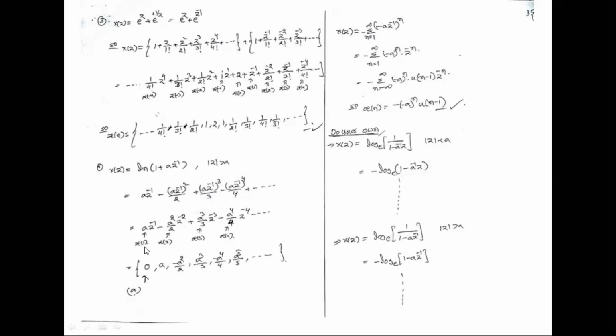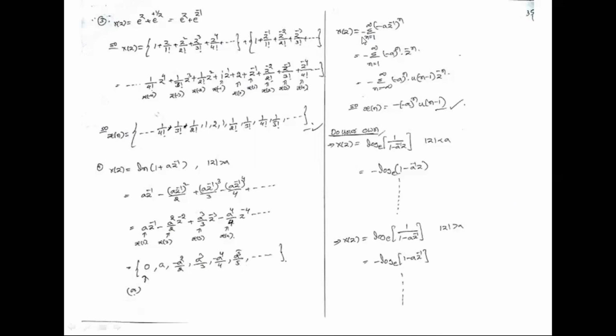So the coefficients are x1, x2, and x of 2 is minus a square by 2, a cube by 3, minus a4 by 4, and a power 5 by 5, and so on. Got it, my dear students?